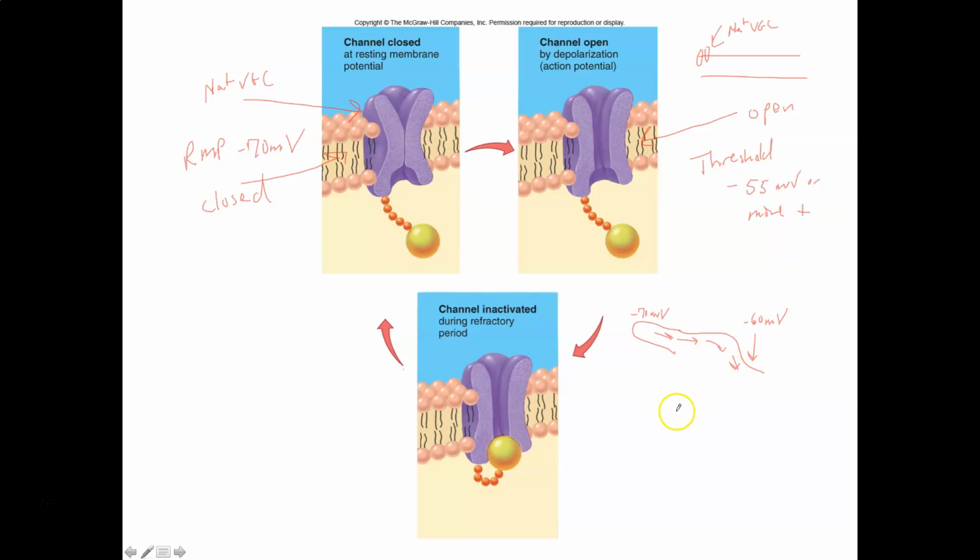But if you have a dendrite, cell body, and an axon, remember resting membrane potential, negative 70 millivolts, and let's say the signal when you reach the axon hillock is negative 50, then you have reached threshold. You are more positive than negative 55, so you can open those sodium voltage-gated channels, and you can see an influx of sodium into the axon.